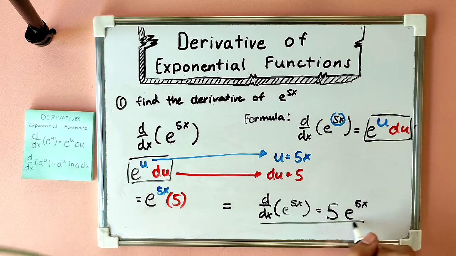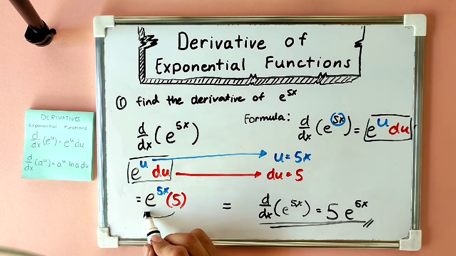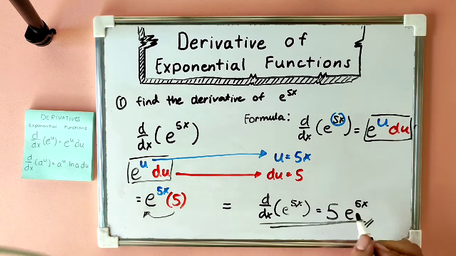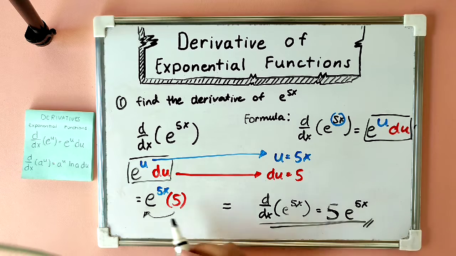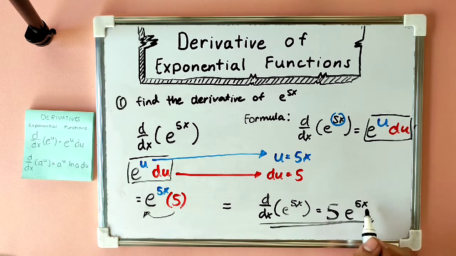So that is our final answer. So basically, nilagay lang natin yung 5 sa harap. Then just copy the e raised to 5x. And that is our final answer for problem number 1.